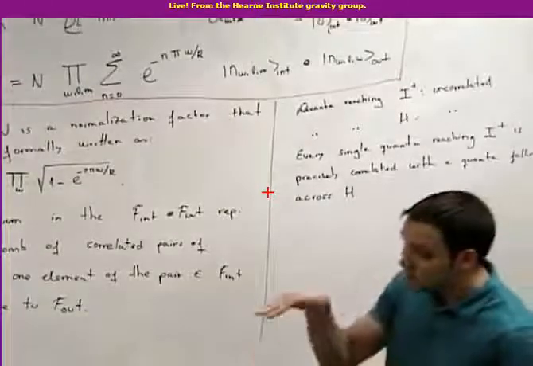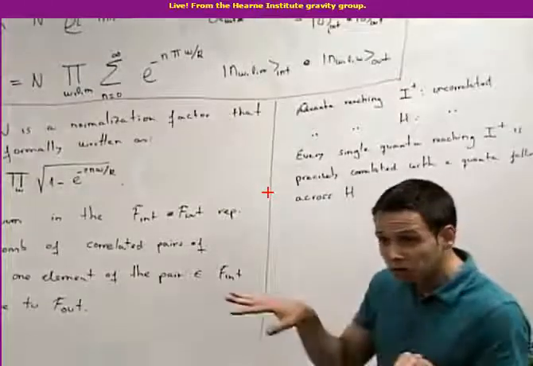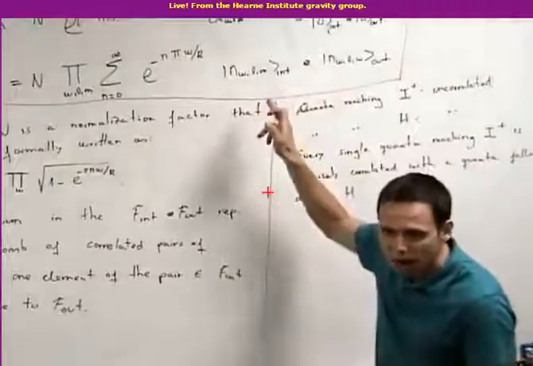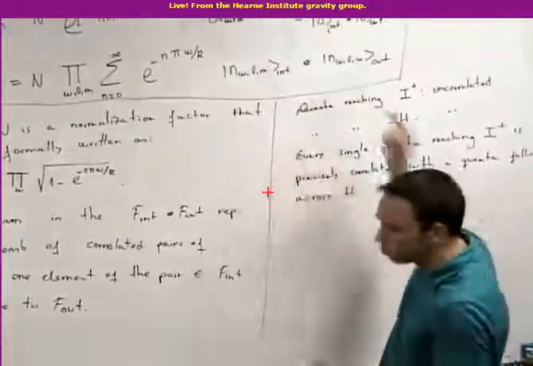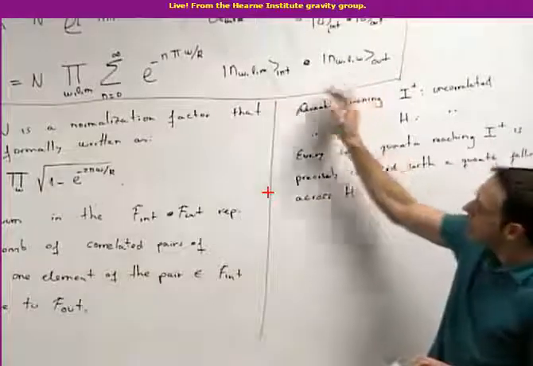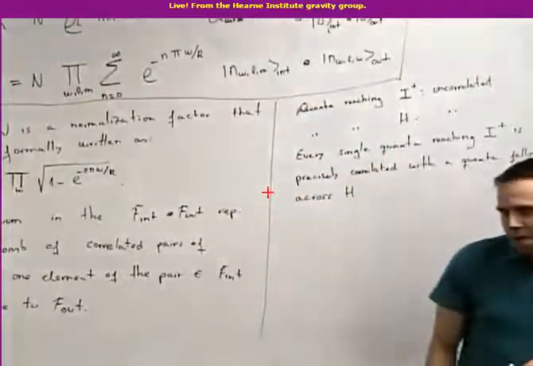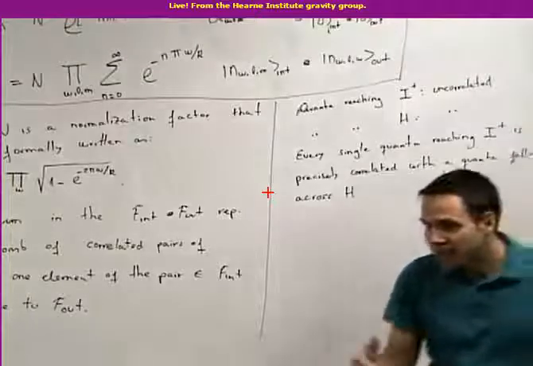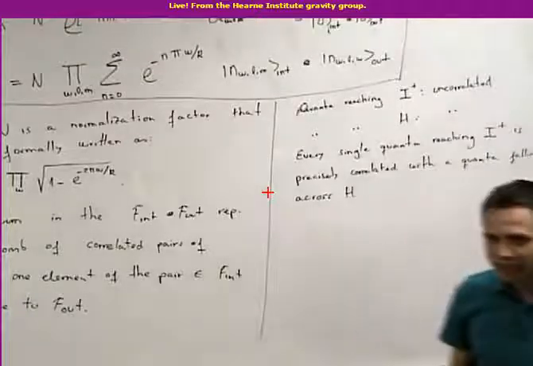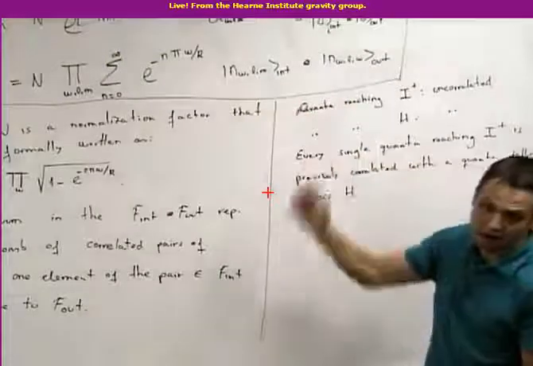If you choose a different basis for the in modes, you will find correlation, but not one-to-one. You will find that out modes, which are well defined, are correlated with a bunch of modes falling inside the horizon. But because I have freedom in the in basis, I have chosen the basis which diagonalizes the correlations.